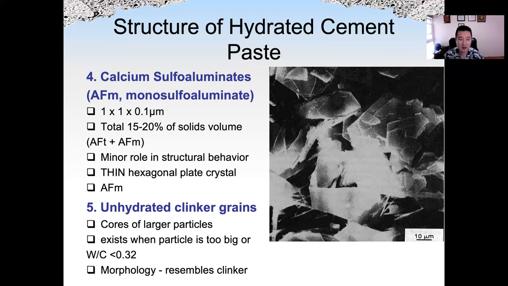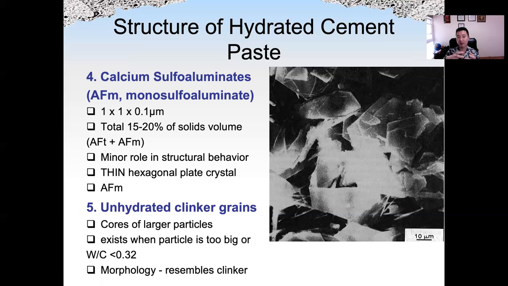The last phase is unhydrated clinker grain, or unhydrated cement, depending on the water to cement ratio. If the water cement ratio is less than 0.32, in theory, we have to have some unhydrated clinker grain remaining there.